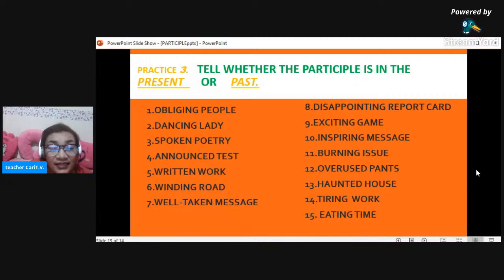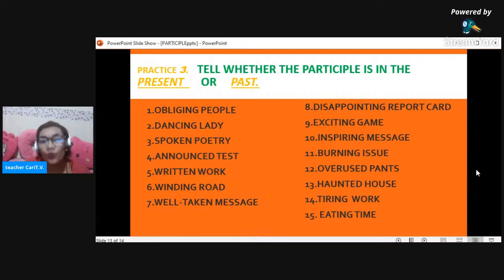While in the past, it should end with d, ed, t, or sometimes en, for these are irregular verbs in the past. But always remember, though the form is like a verb, it's a verbal. The purpose is an adjective. It does not stand as an action in that sentence, but rather modifies the noun or sometimes pronoun in the sentence.